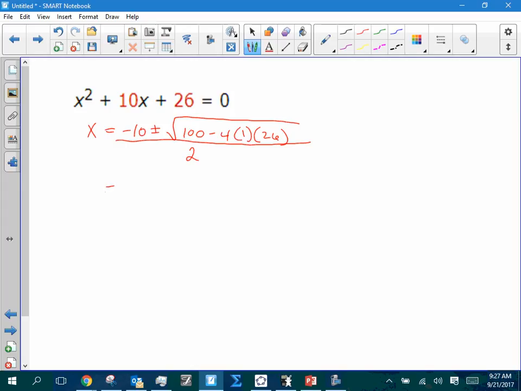Just 2 in this case. So we have negative 10, plus or minus, okay? This is going to be 100 minus what, 104? So 100 minus 104 just gives me negative 4 and then the radical, right? All over 2. And here's the logic here that I want you guys to make sure we understand.